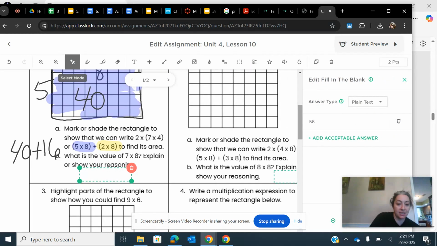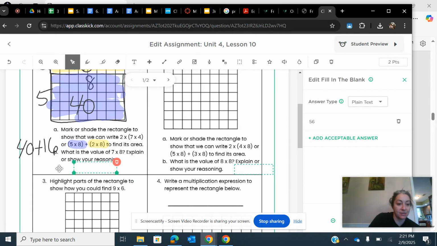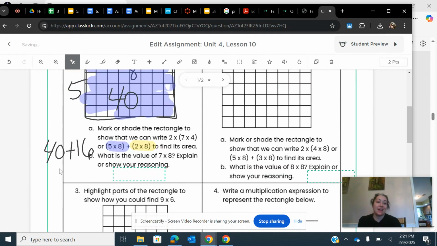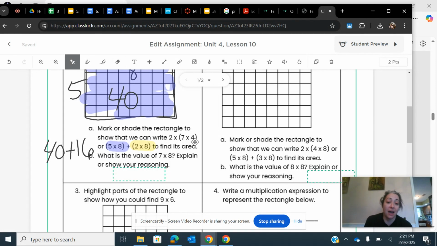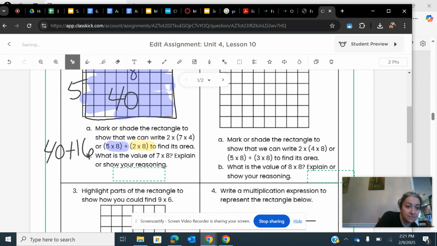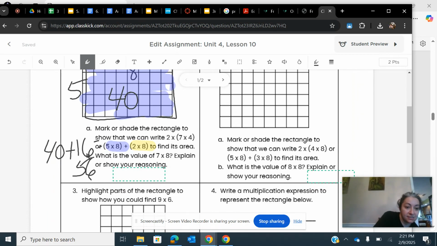I would click there, see it has the answer, and then I would type in 56 as my answer. And if you just want to solve 7 times 8, this equals 56, or I could also write 7 times 8 equals 56.